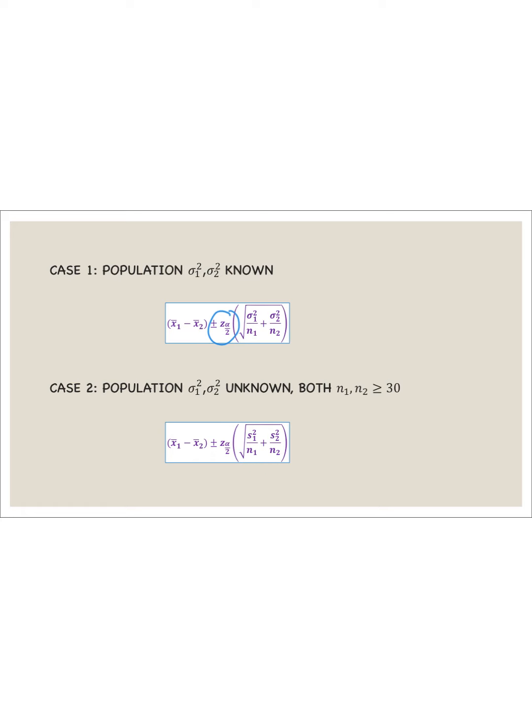Kalau awak tengok kat sini, dia still guna z, sebabnya n dia besar. Tapi kita tak tahu dia punya population variance or population standard deviation. That's why kat sini dia guna notation S. Berbeza case nombor 1, dia guna sigma sebab variance or standard deviation known.